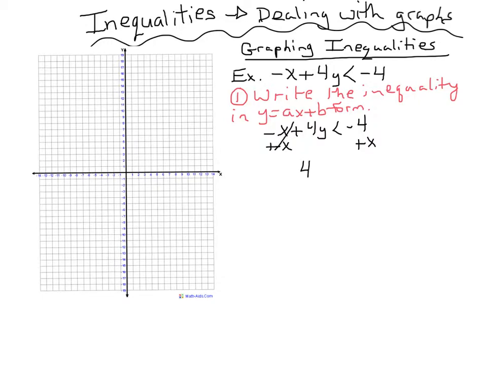I have 4y is less than x minus 4. Divide both sides by 4, so divide this by 4 and this by 4. I'm going to get y is less than 1/4 x minus 1, or if you prefer, 0.25x minus 1.